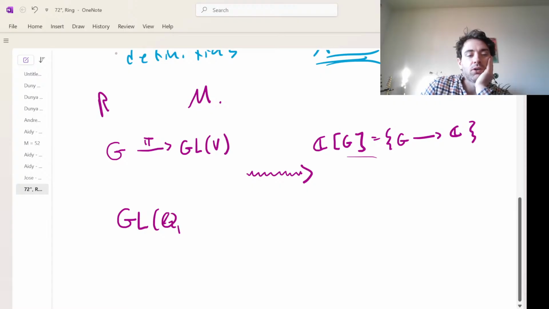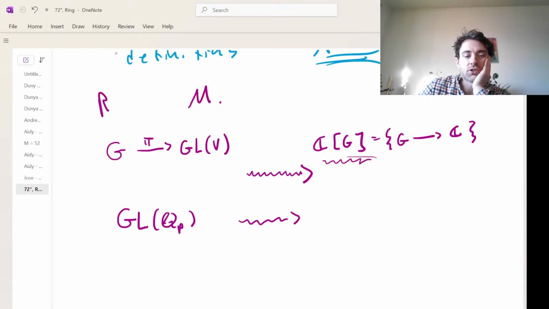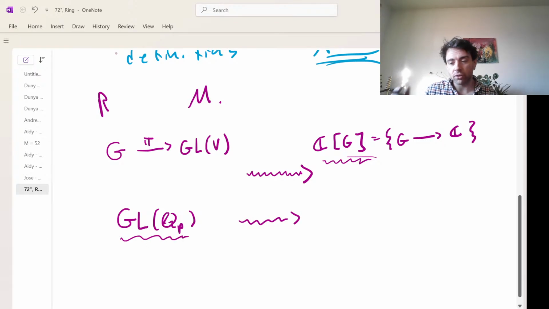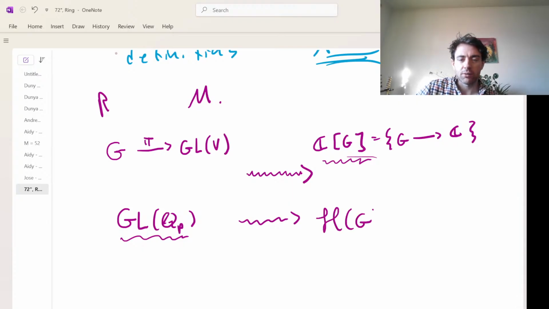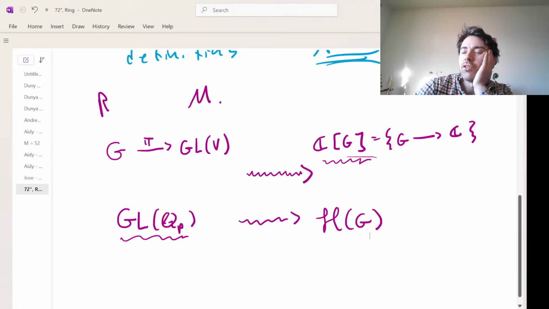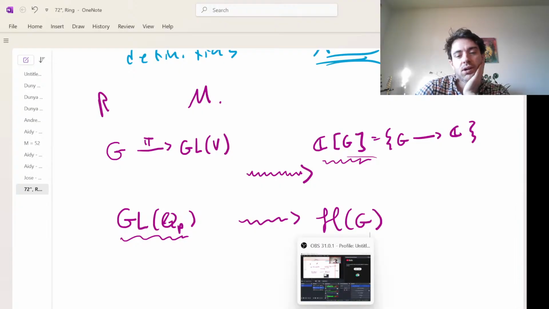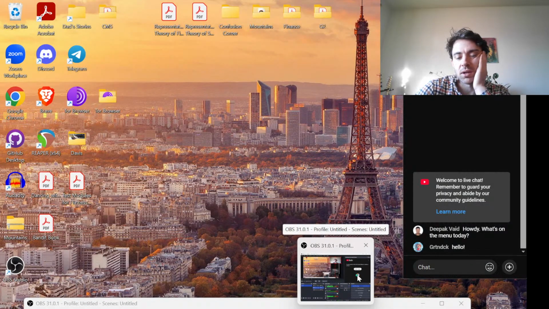An example, if you happen to know what the p-adic numbers are, is GL_n of Q_p. And simply taking the collection of complex valued functions on this group is no longer going to do, because there's topological considerations to worry about. And so there's some other ring that we have to come up with and study. But mind you, as I'm saying this now, this ring, you can give it a vector space basis, but I guess it doesn't necessarily have a module basis. And so that can maybe make things trickier.